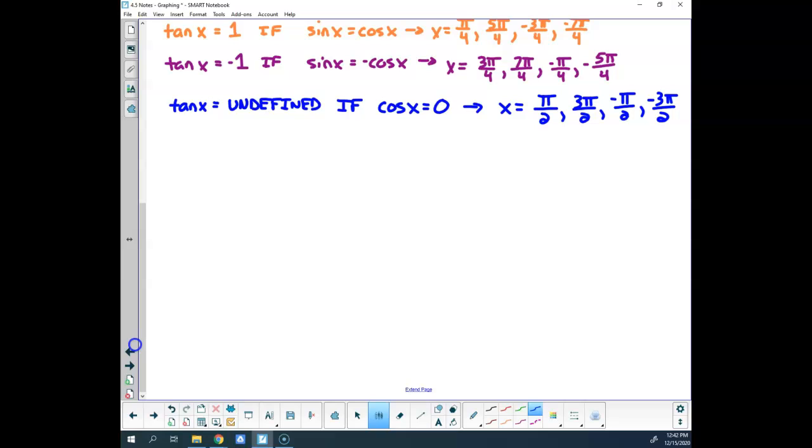Now, it's undefined there, which means that our function can't go through that point. Anywhere that there's an undefined, or I can say this is the proper English. These are vertical axes.